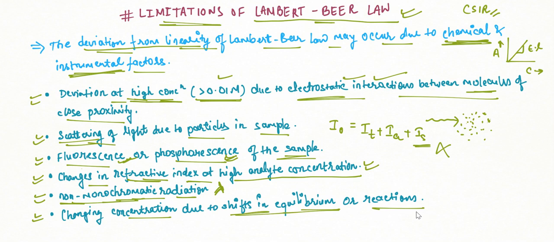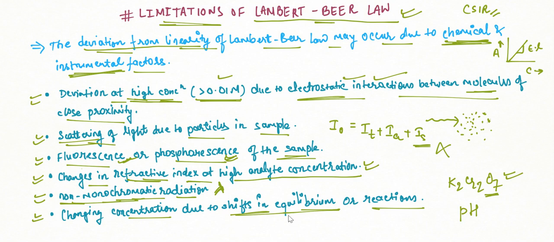So basically, this was in a CSIR exam as well. If we are taking the spectrum from a spectrophotometer of a potassium dichromate system, and we change the pH, then the dichromate can convert into chromate, and both have different colors. Dichromate has orange color, chromate has yellow color.